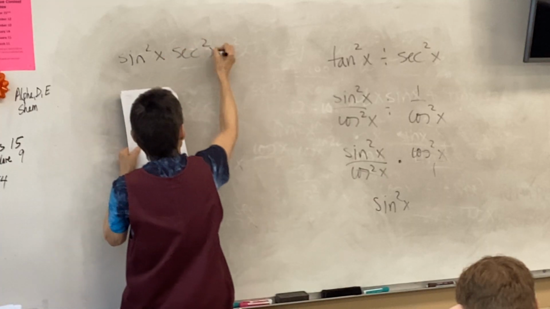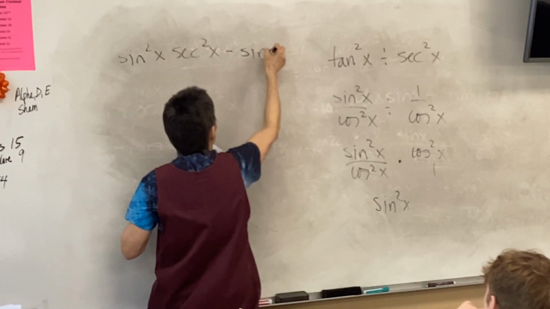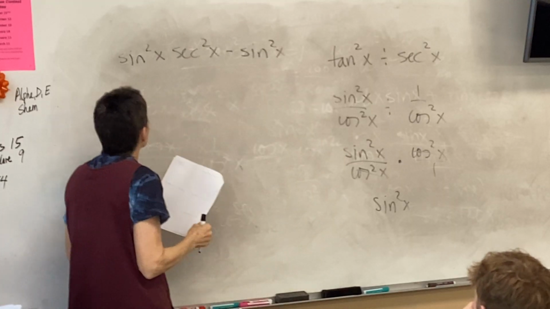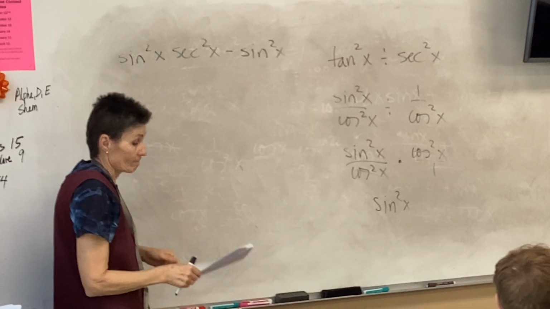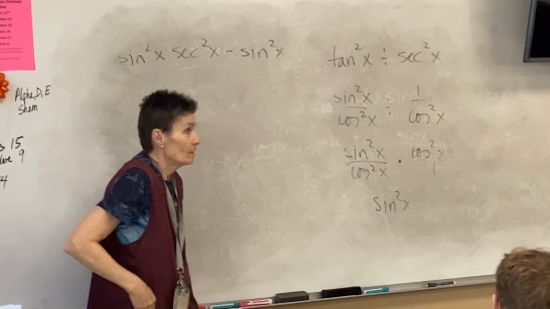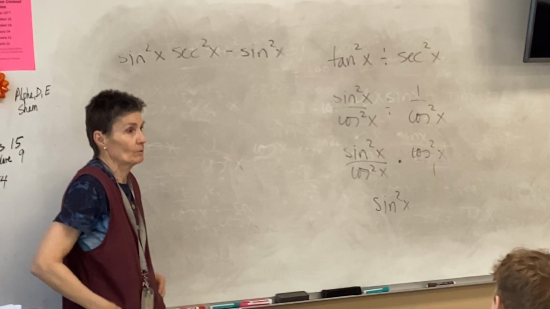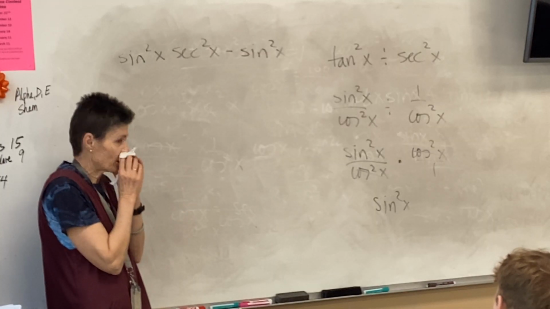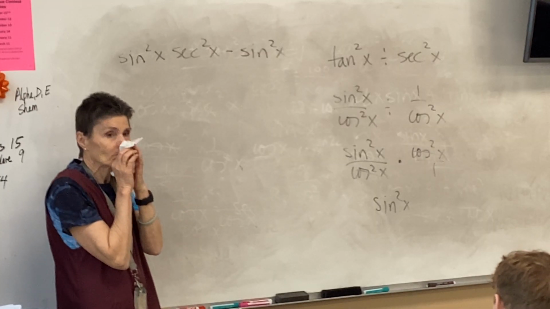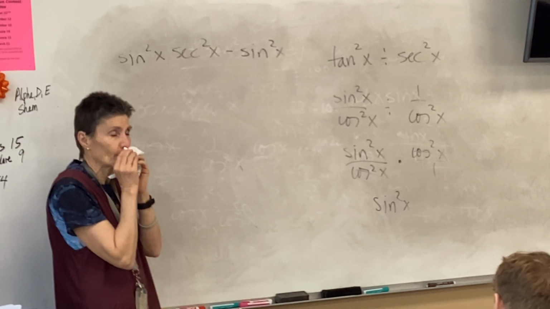Secant squared. This one actually does have several different ways you can start it. So tell me what occurs to you and we'll just go with it. What do you notice when you look at this problem?